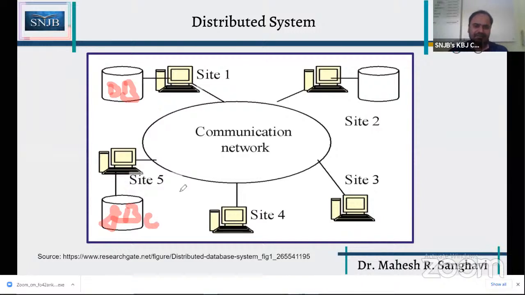Suppose this particular site fails, it is going down. In that case, we may get access to that particular database by using site 5, because its replica, its backup copy, is available here.